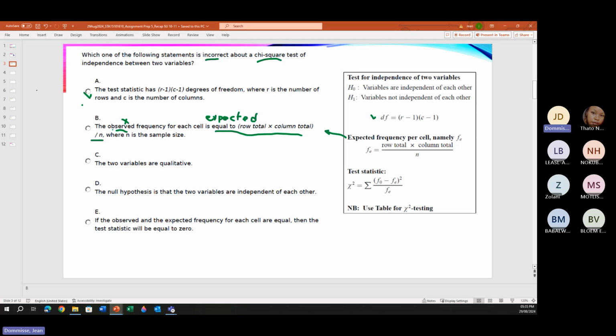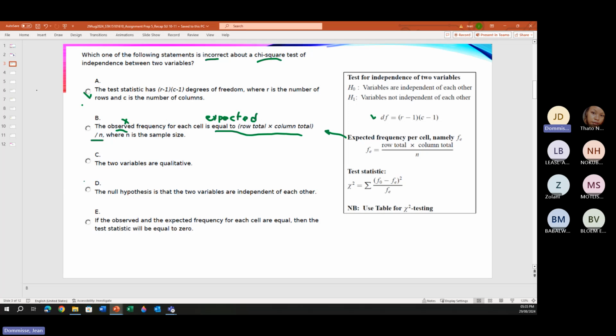Then we work out the expected by asking what the expected number of students is for next year or something like that. But the observed is the current status of what you are looking at.